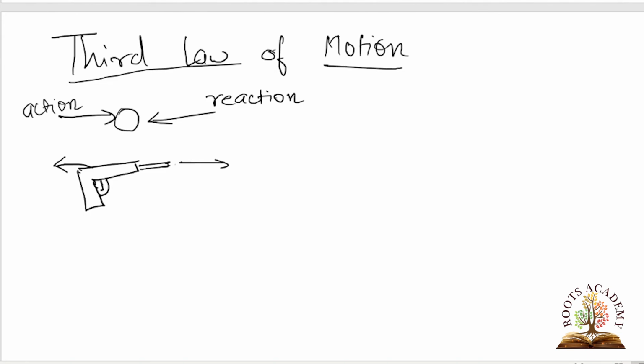When the bullet is moving forward, there is an equal and opposite reaction on the gun, resulting in the recoil of this gun. So this is our action, the bullet which is moving forward, whereas the recoil of the gun is our reaction.